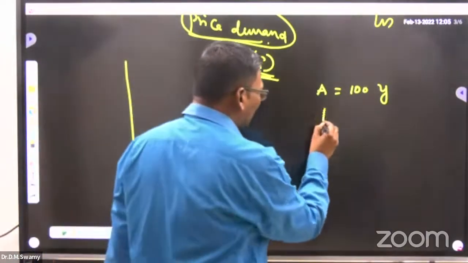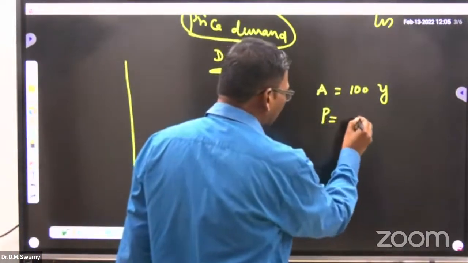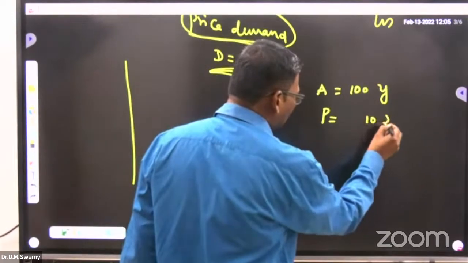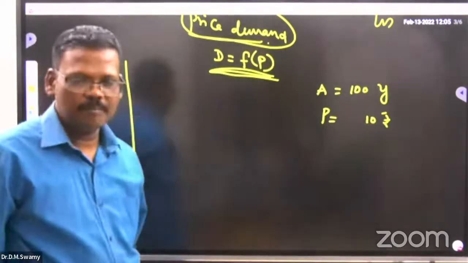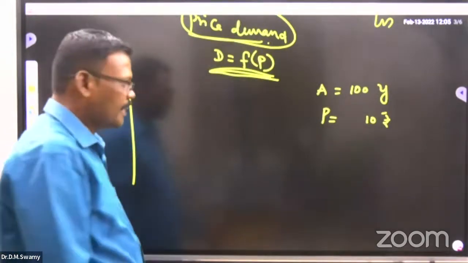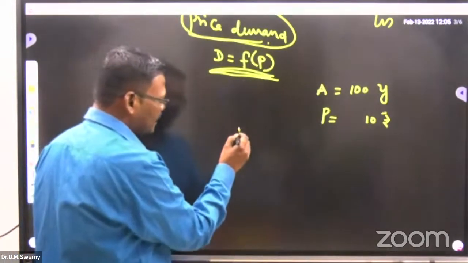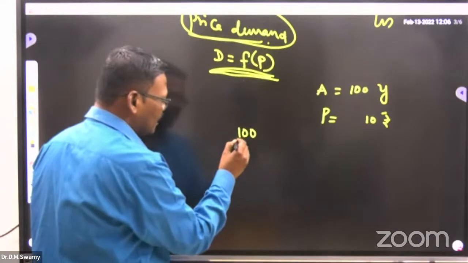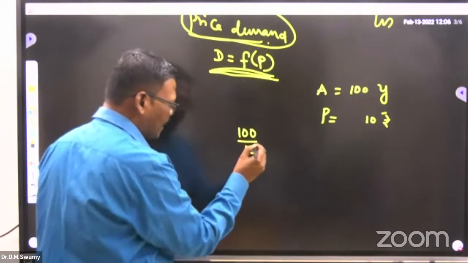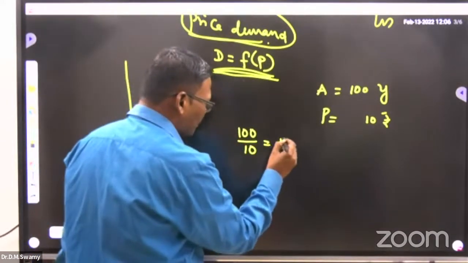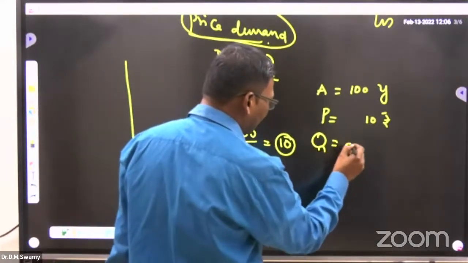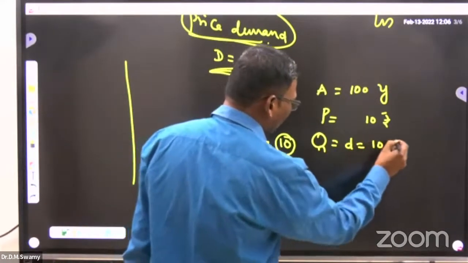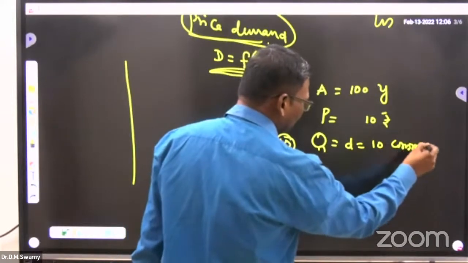The price of that commodity is, let's say, 10 rupees. Then how many goods can he buy? 10 commodities, because he has 100 rupees and each commodity's price is 10 rupees. So the quantity demanded will be 10 commodities.